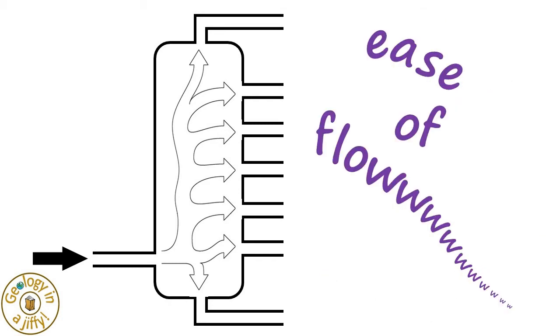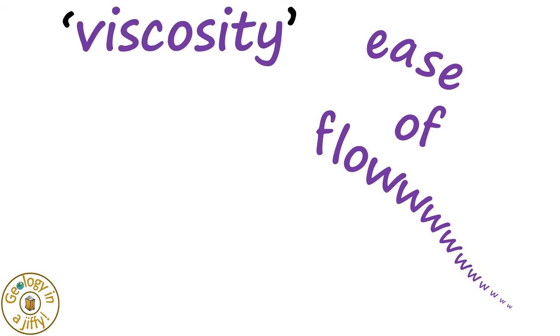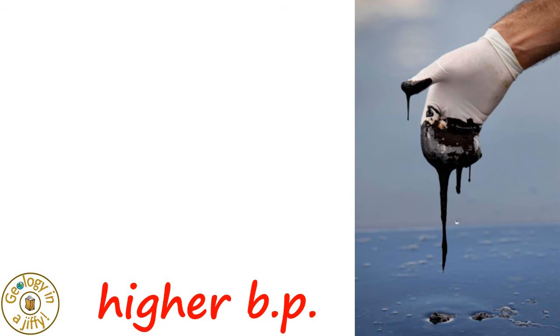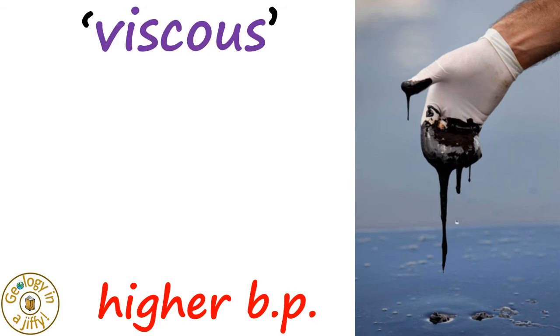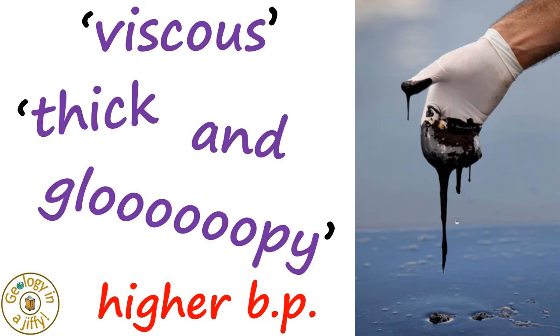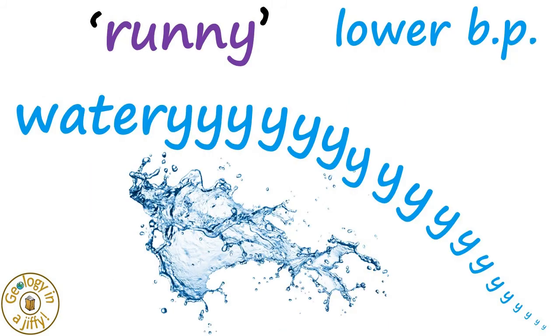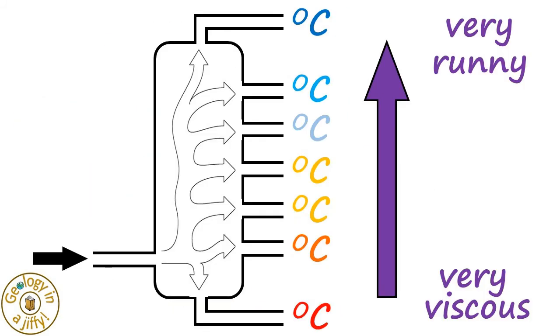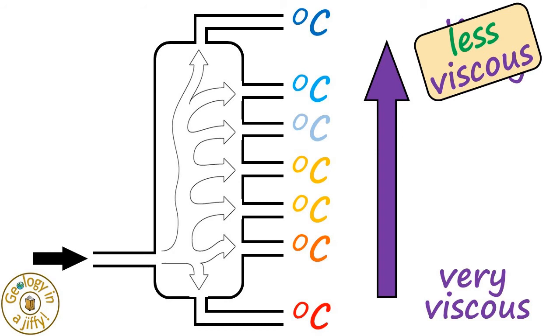If we study the ease of flow of the fractions, this known as viscosity, we find that the fractions with higher boiling points at the base of the tower are very viscous, or thick and gloopy, whereas the fractions at the top of the tower with a lower boiling point are very runny, or much less viscous.